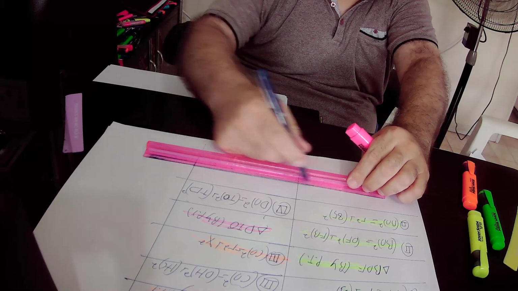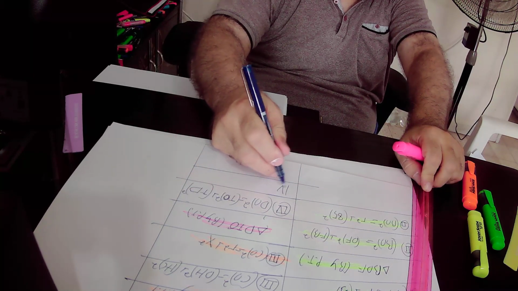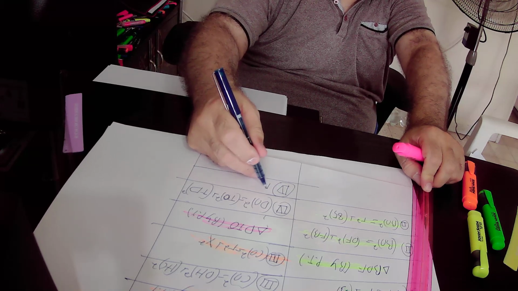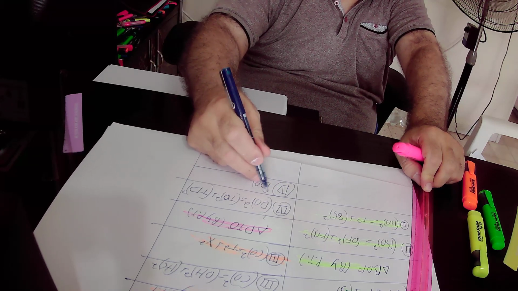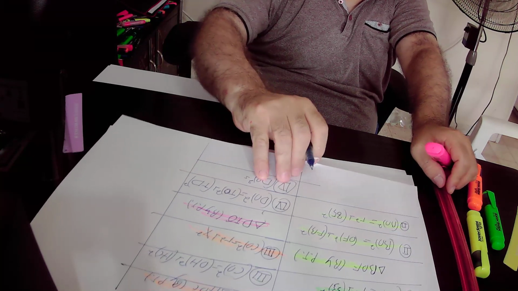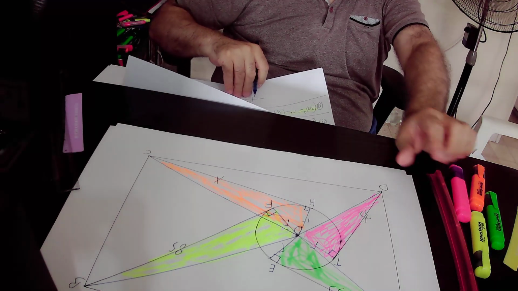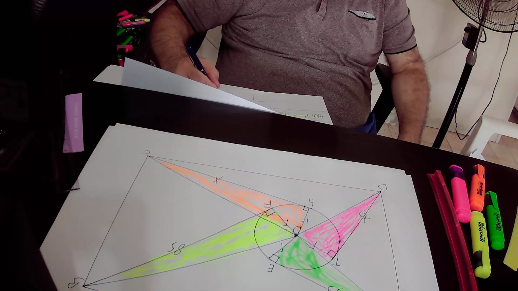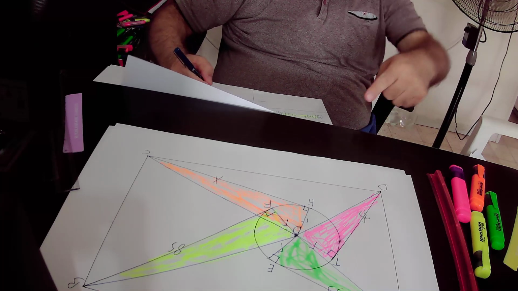That is to say, according to equation number 4, DO square equals TO square. TO equals R, therefore TO square is R square, plus TD square.